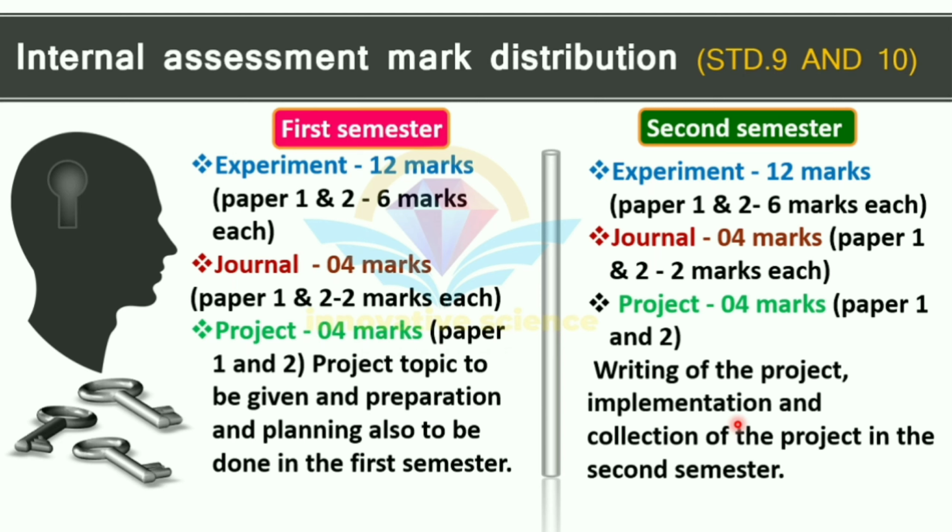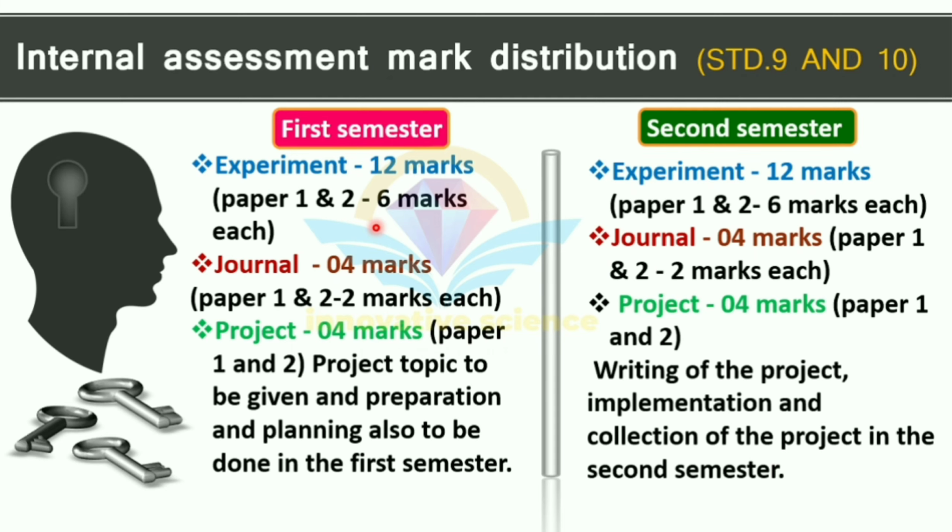You have to implement your project and write that project. You have to present your project in front of students. I am also going to discuss how to write your project in my next video.